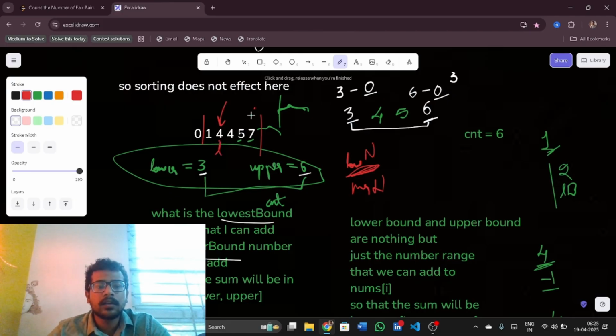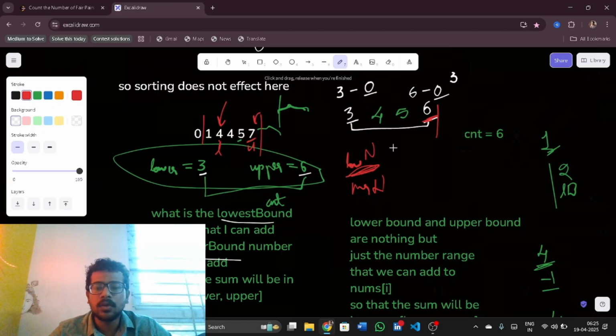Now 7 is greater than the highest number, but in the function it will go from the beginning, right? 1 is lesser than higher, so skip it. 4 is lesser than 6, so skip it. 4 again is lesser than 6, so skip it. 5 is lesser than 6, so skip it. 7 is the first time greater than 6, right? So this will be my upper.